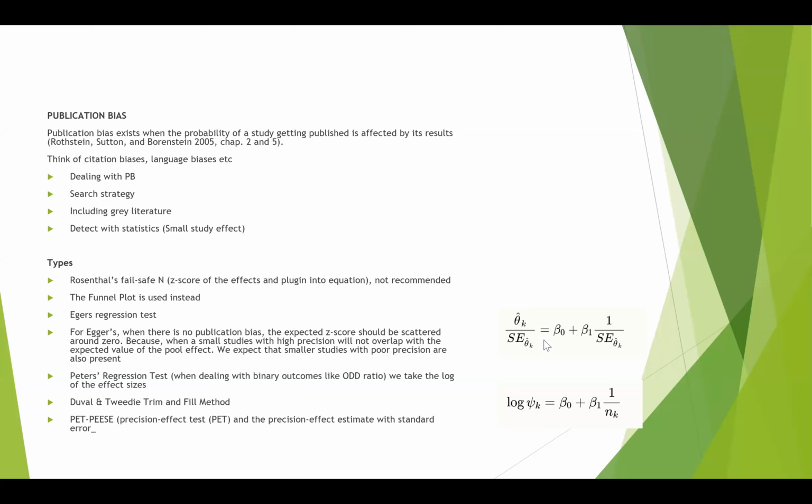We have the equation here, which is given as theta hat k divided by the standard error. What does this mean in statistics? When you have your mean divided by the standard error or the standard deviation, you always get something called z-scores.